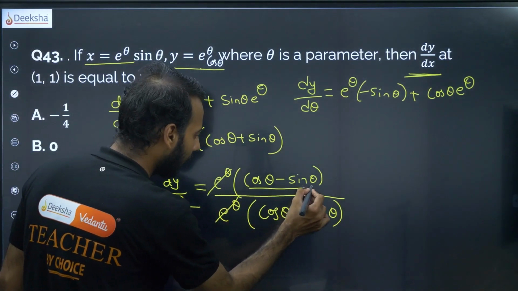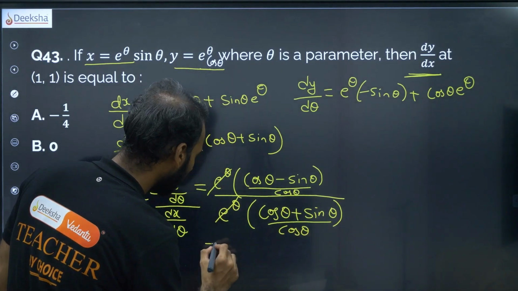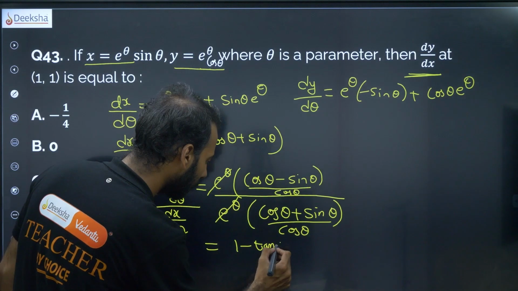If I divide numerator and denominator by cos theta, I get 1 minus tan theta by 1 plus tan theta.